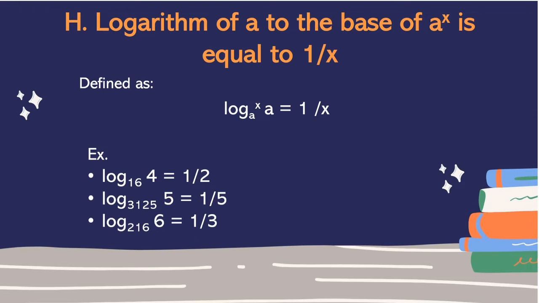And you've guessed it, 216 in exponential form is 6 raised to the power of 3. Next, we have the logarithm of 2 to the base of 128 is equal to 1 over 7. Then lastly, we have the logarithm of 8 to the base of 64 is equal to 1/2.